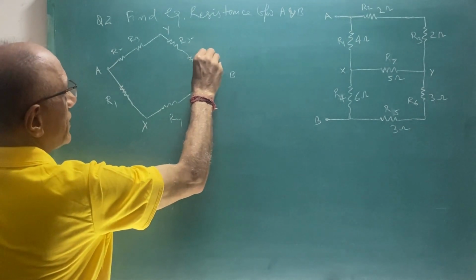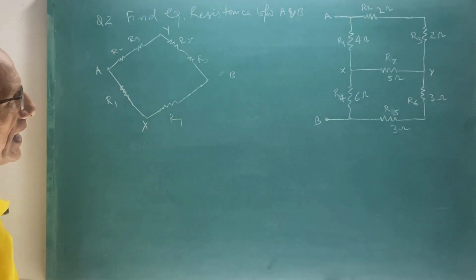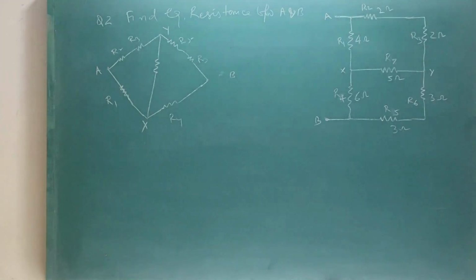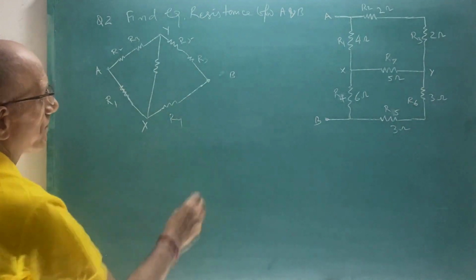R5 and R6 are connected this way, and this R7 is connected between. So just identify the shape.